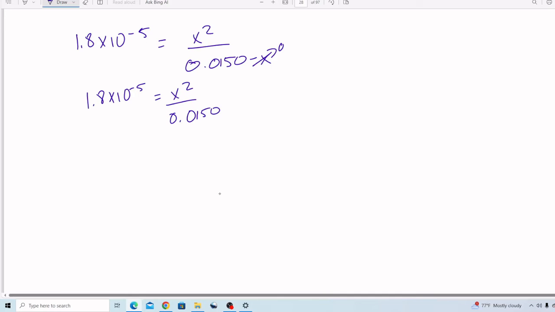So we multiply both sides by 0.0150 and then take the square root of both sides.